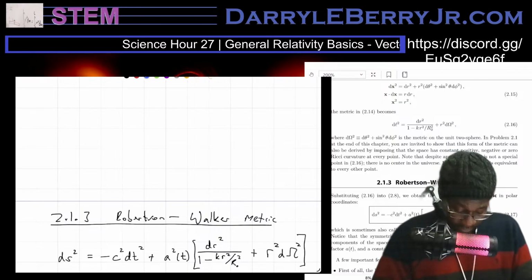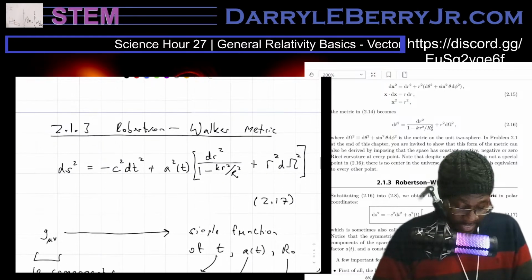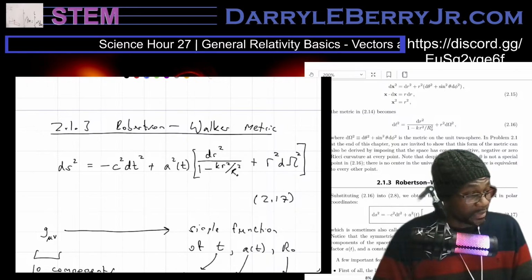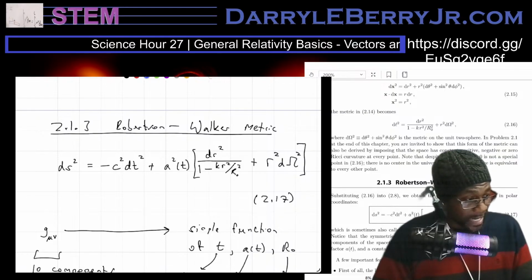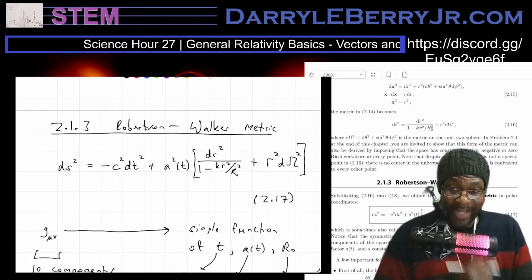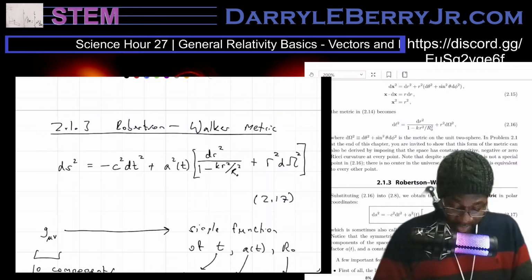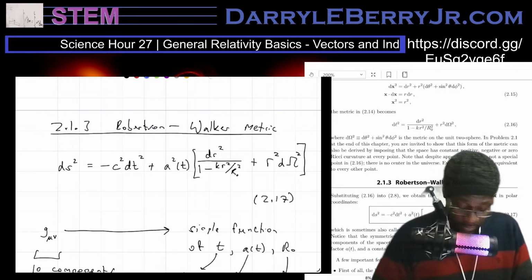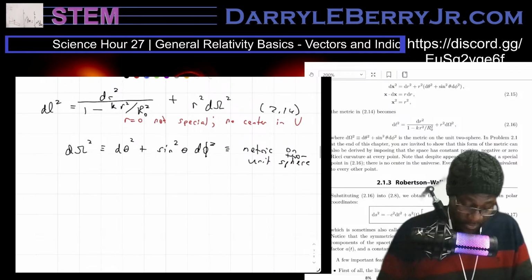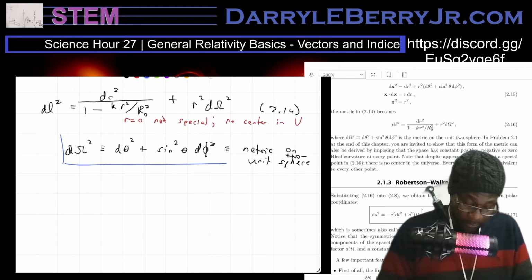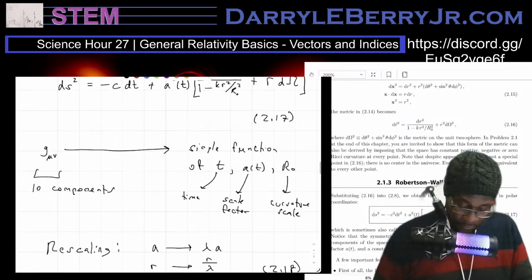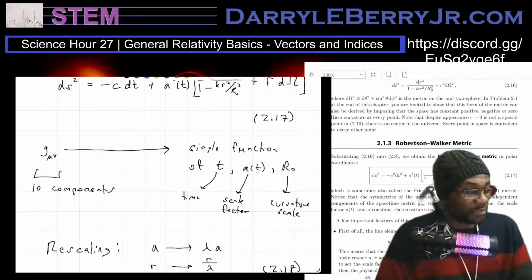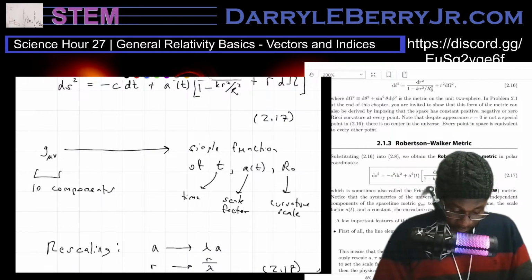In polar coordinates, ds squared equals minus c squared dt squared plus a squared of t times, all in brackets, dr squared over 1 minus kr squared over r naught squared, plus r squared d omega squared, and again d omega squared is this entire thing. Equation 2.17, which is sometimes called the Friedmann-Robertson-Walker metric.